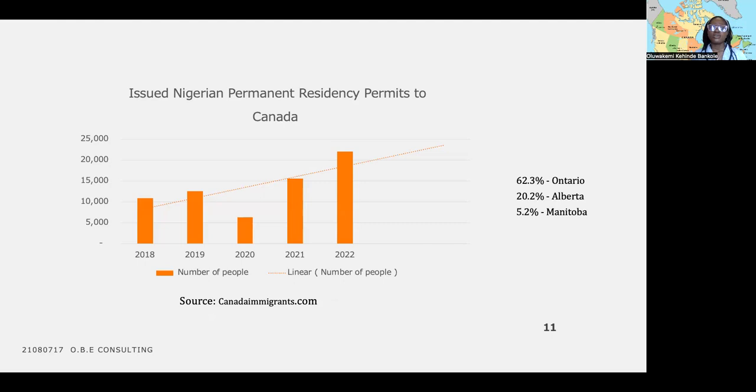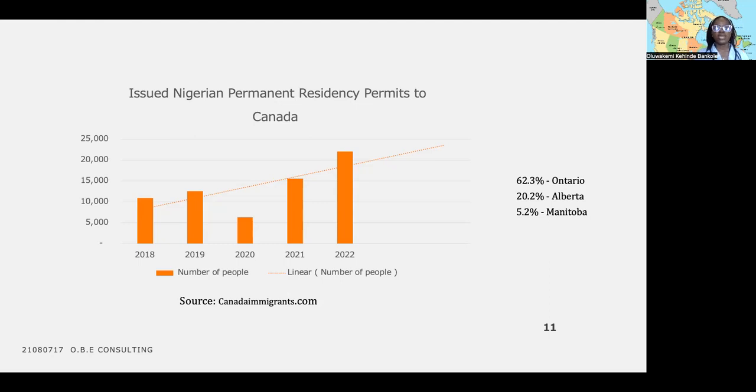We proceeded by looking into the trend of permanent residency permits issued to Nigerians since 2018. We did this because, according to our review of literature, the Canadian government is using immigration to tackle its population growth challenge, as the population has experienced replacement levels below the optimal expectation.